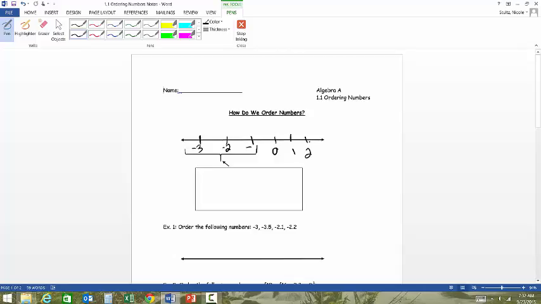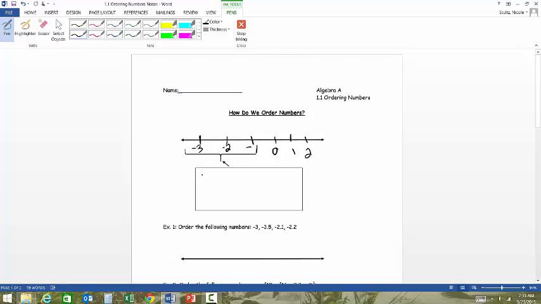And what we have to remember, this confuses kids a lot, is when numbers are negative, what would normally be a bigger number is technically smaller. You have to think about it like money. If John was in debt $1 and his sister was in debt $3, technically John is richer. He has more money because he is less in debt. So we have to be really careful about that.